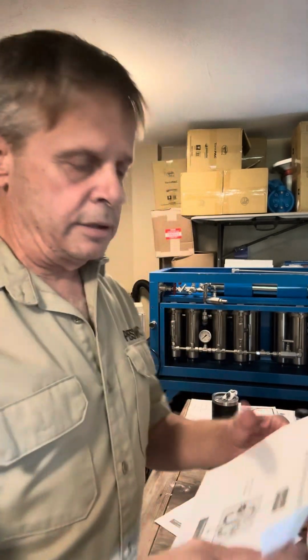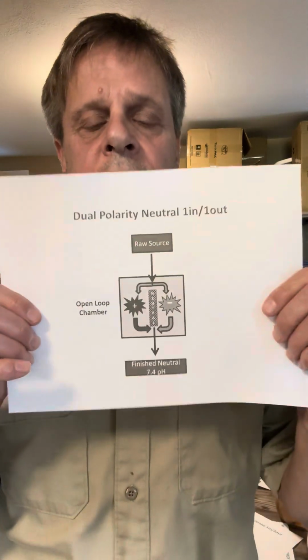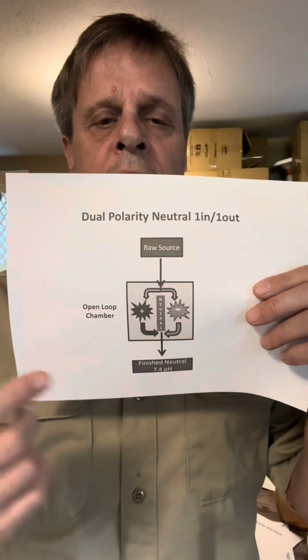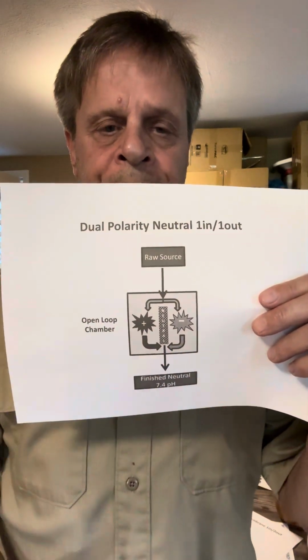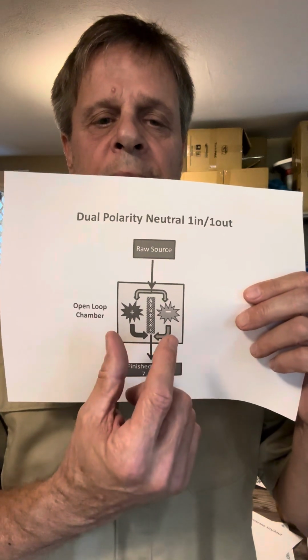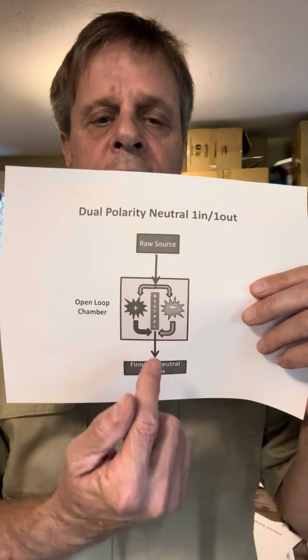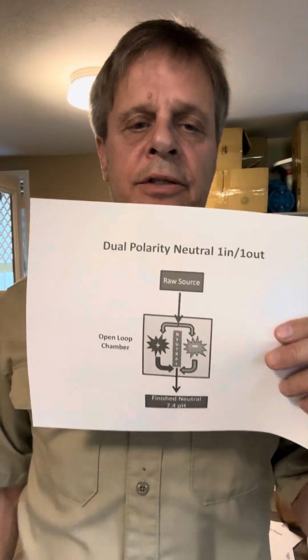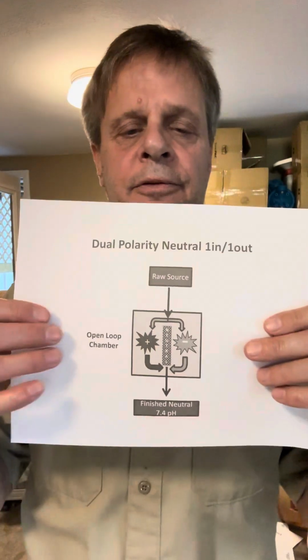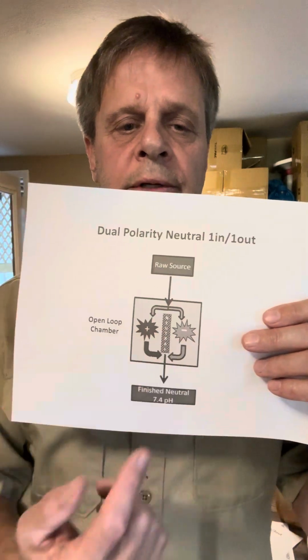And then in consumption, and in hydrothermal and things like that, you're using a unit that's more like this, where you have one water coming in and it's affected by both the anode and the cathode, but it comes out as one water. So you're still at neutral. That has a range of 5.5 to 10.5 by how we offset the polarity.